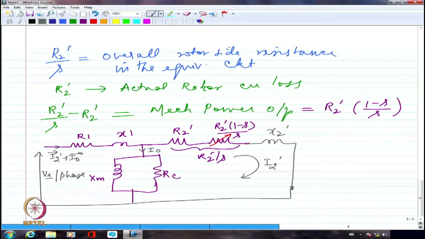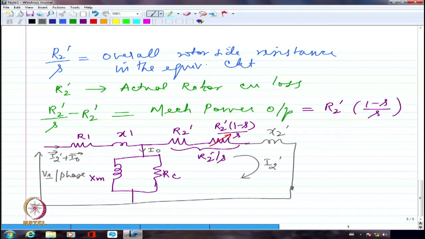XM and RC will remain the same, meaning? Yes. That will not change because I am looking at the whole thing only from the stator side. No change at all because the stator is still at F1. Stator is not rotating.